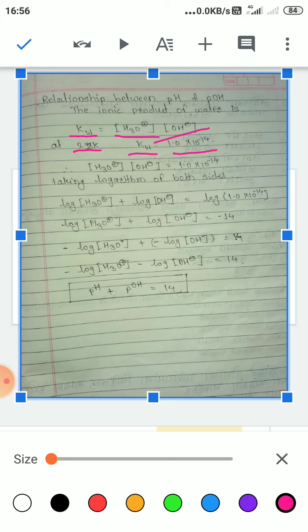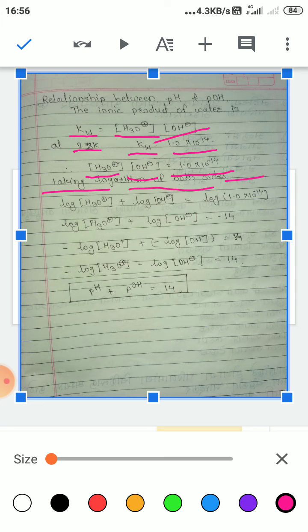So we have to put the value in the equation. Therefore the concentration of hydronium ion into the concentration of OH- ion is equal to 1.0 into 10 to power minus 14. Take the log of both sides.